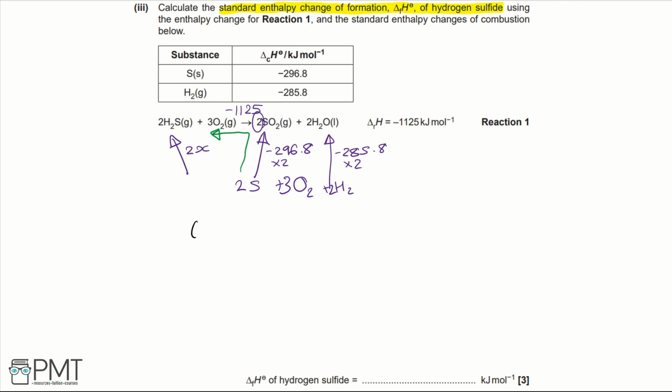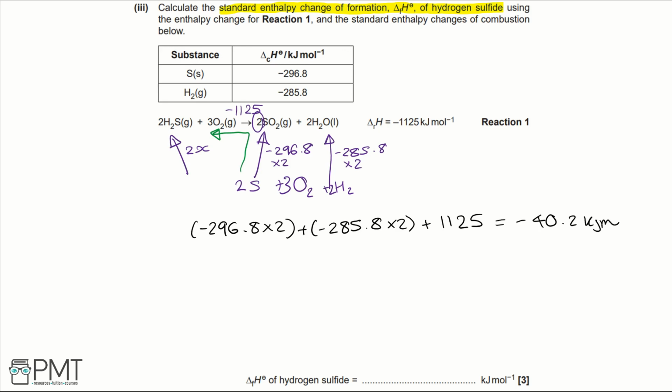So that would be minus 296.8 times 2 plus minus 285.8 times 2 plus 1125. What I've done is I've reversed the sign from a minus to a positive for the enthalpy change of reaction. And that's going to equal minus 40.2 kilojoules per mole.